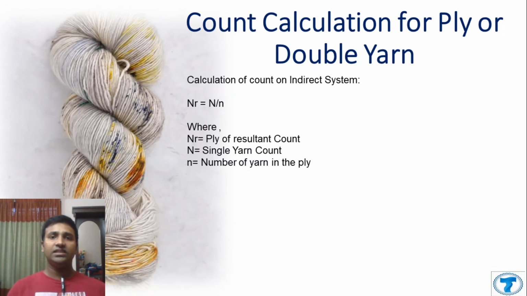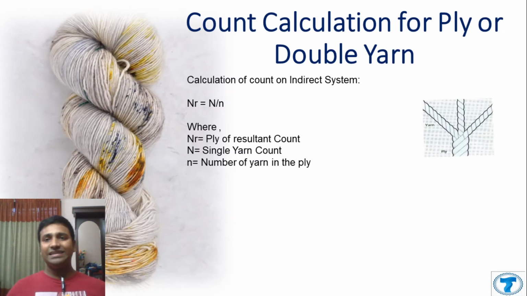It will be easier to understand if we see it in a figure. If we want to make 30 count yarn into a 3 ply yarn, then capital N is 30 and the number of yarns in the ply is 3. If we put those numbers into the formula, we get a resultant count of 10 Ne.